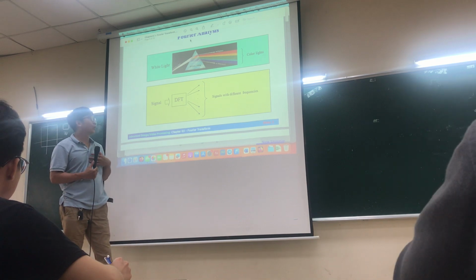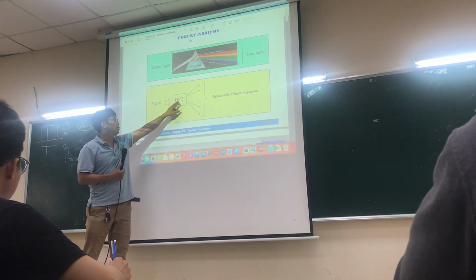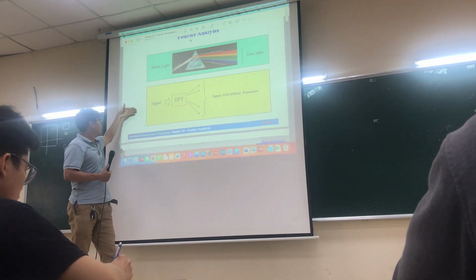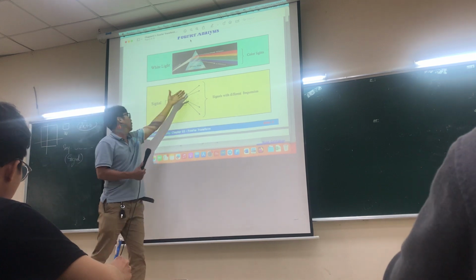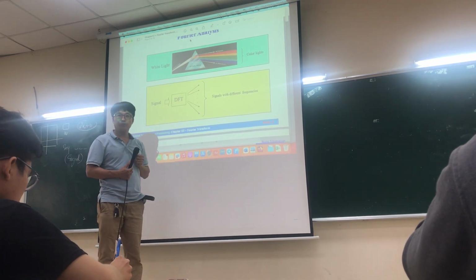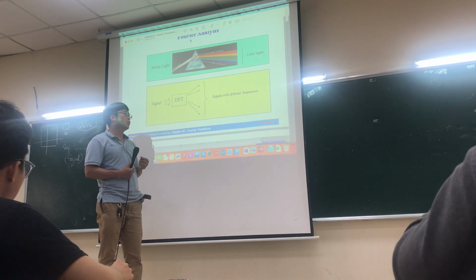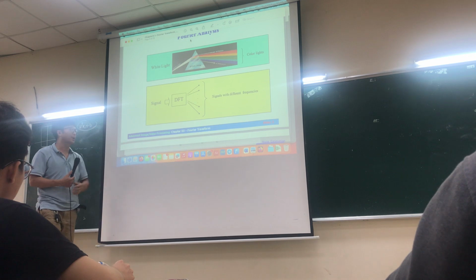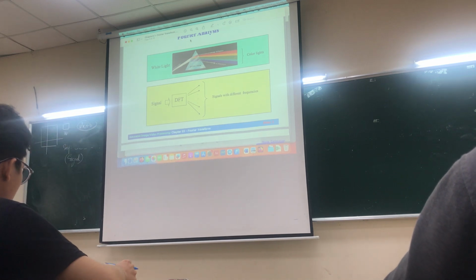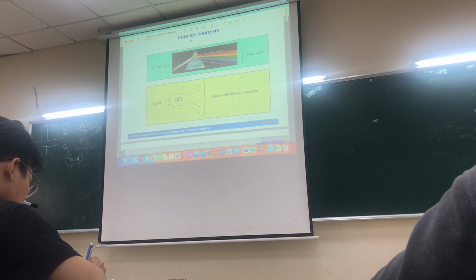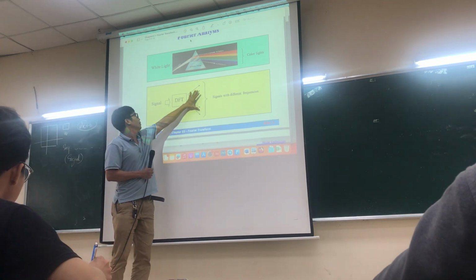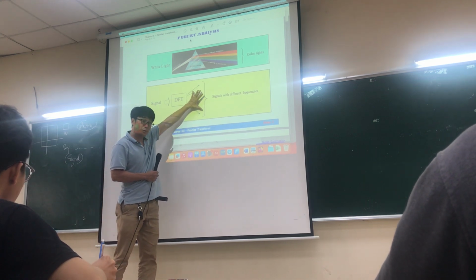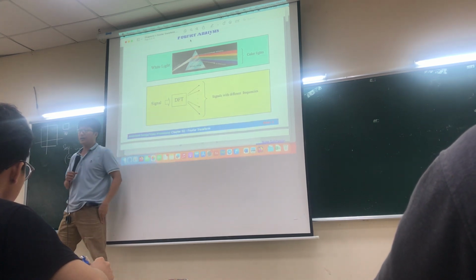Now you have the tool DFT, the discrete Fourier transform, which does the same. You take a signal, a sequence of values, and you get frequencies. You detect which frequencies are inside the signal. So that is the idea. And in network applications, you can perform filtering or remove some frequencies. That's the idea.